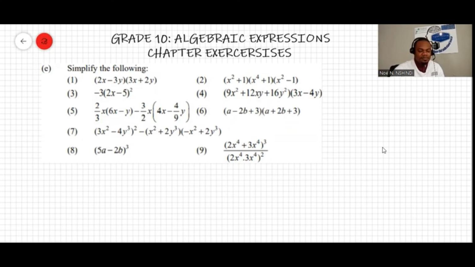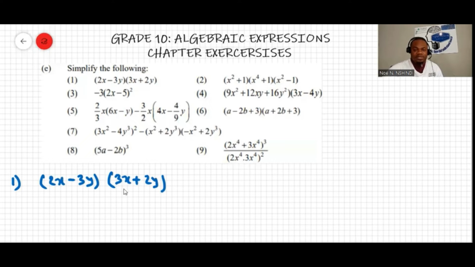Now let's see. Question 1, for instance, we have 2x minus 3y times 3x plus 2y. Here someone may say, okay, we will use difference of two squares because we have a minus and a plus, but look carefully.